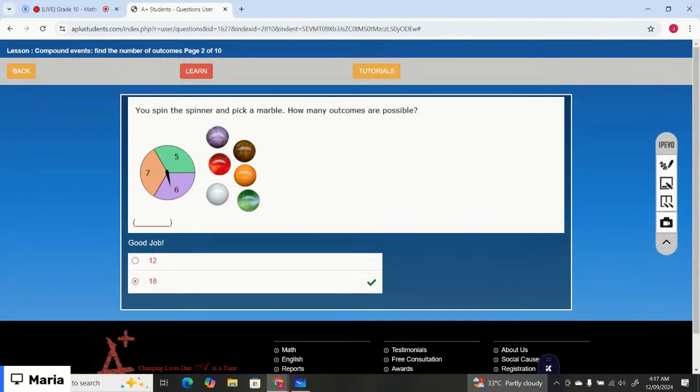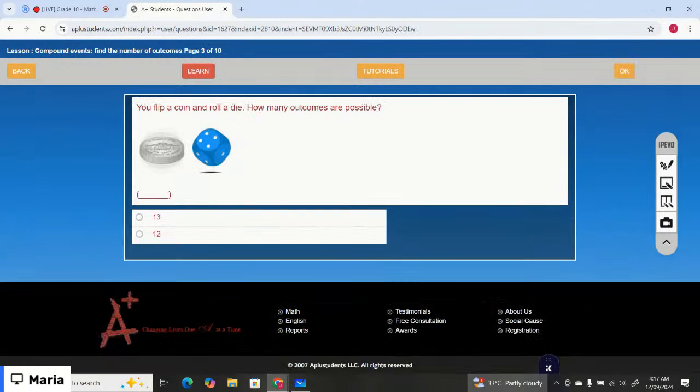The next one is: you flip a coin and roll a die. How many outcomes are possible? So, which is the correct option?